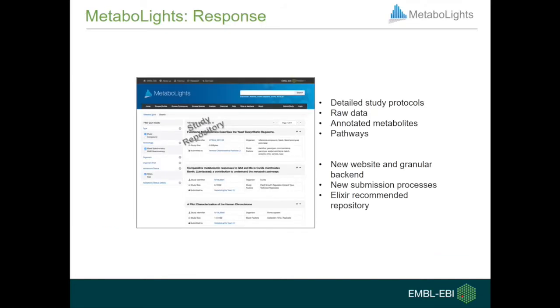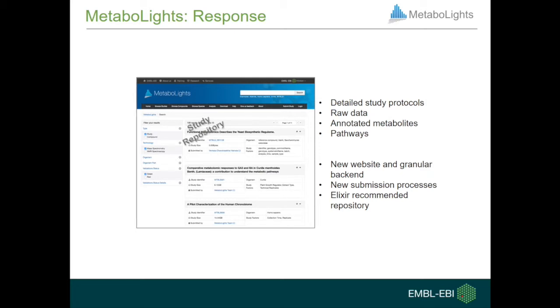So as I said, the study repository contains detailed study protocols and raw data. We're the only resource at the moment that insists on the raw data, and that's because that enables people to come back and reanalyze as the field goes forward. Otherwise, you just get an Excel spreadsheet of what people had identified at that particular snapshot in time.